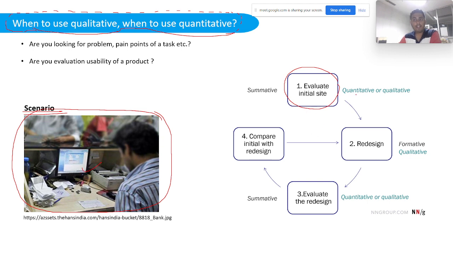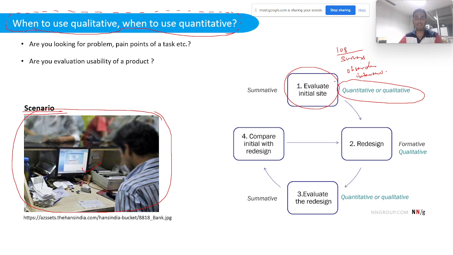So in order to evaluate, the user study methods can be observation, interviews, surveys, or you can try to get the log data and see how people actually navigate through the website, where are the maximum clicks, where are the least number of clicks. So those are also some ways how you can collect information.